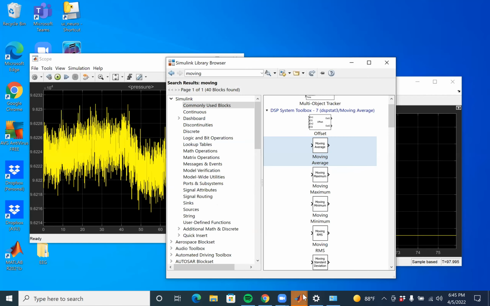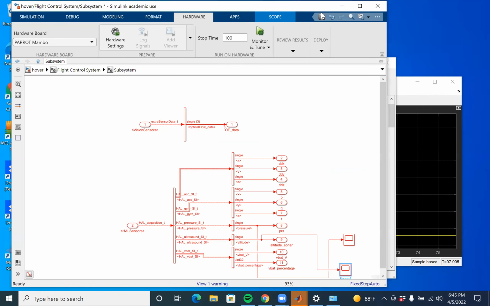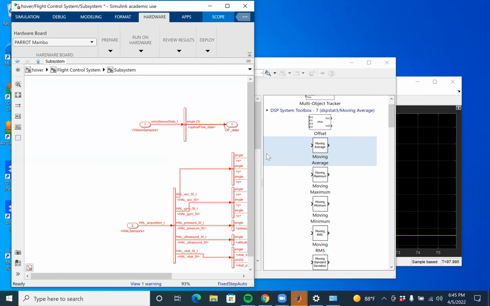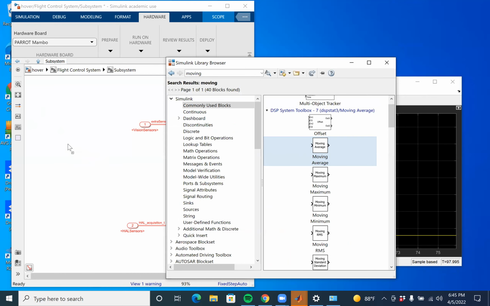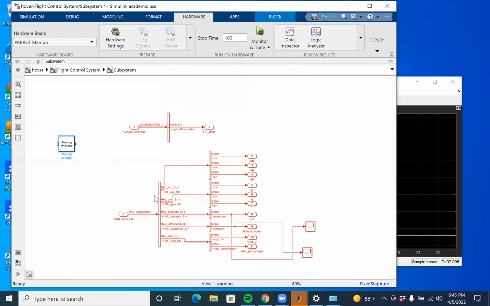Grab this block, take it to Simulink. Moving average is sort of a low pass filter. Now I want you to observe.